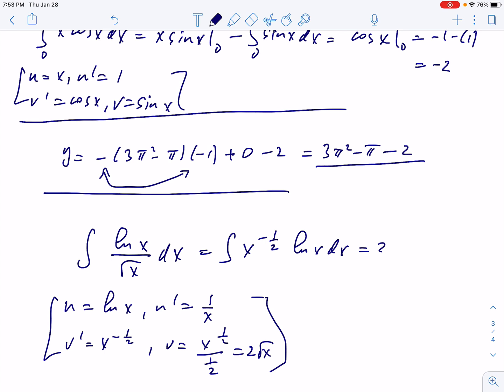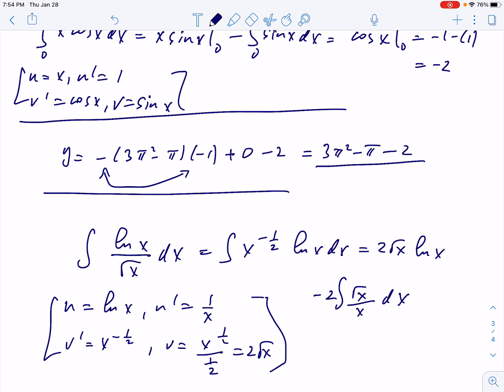So this will be 2 root of x natural log x minus the integral of u prime v. I can put 2 outside. So here is v. And u prime is 1 over x. Let's put x in the denominator, dx.